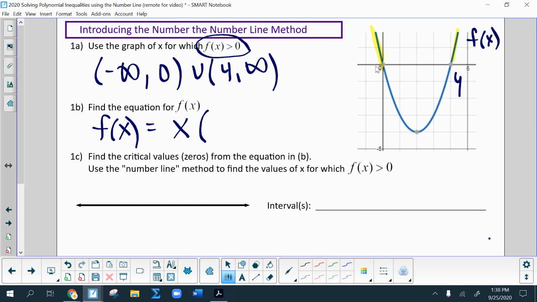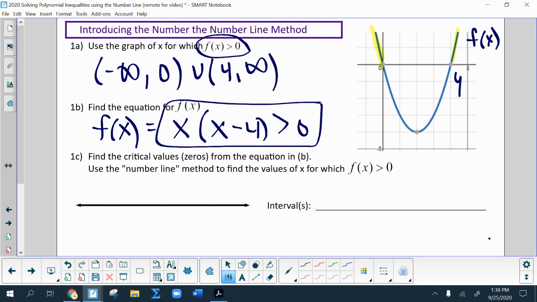One of the zeros is 0, so I get x here. The other zero is 4, so I get x minus 4 in this spot here. Remember what we're trying to solve is when is x times x minus 4 greater than 0? So this is the inequality that we're now going to solve with that number line method.